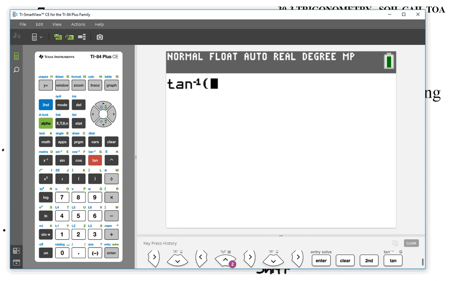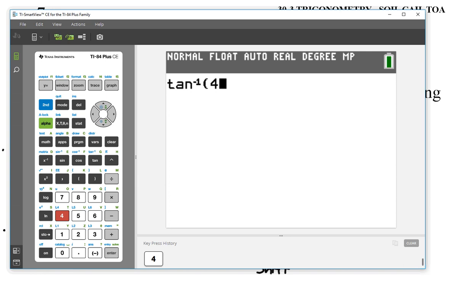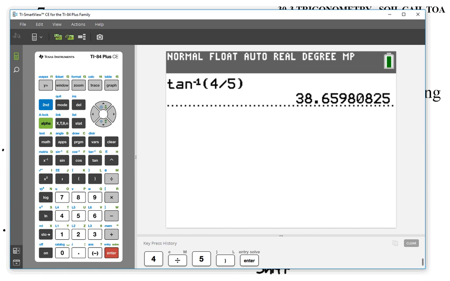Now we punch in 4 over 5. As a fraction, we use the division. 4 divided by 5 and close the bracket. There's what we want. Inverse tan 4 over 5. And when we hit enter, what do we get? To the nearest whole degree, 38.65 is 39 degrees.